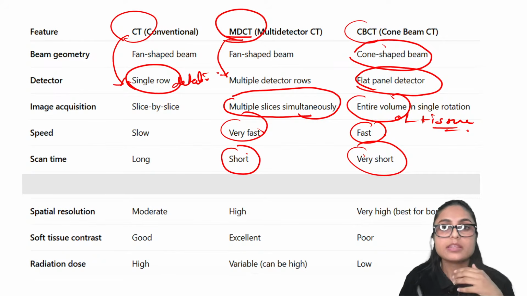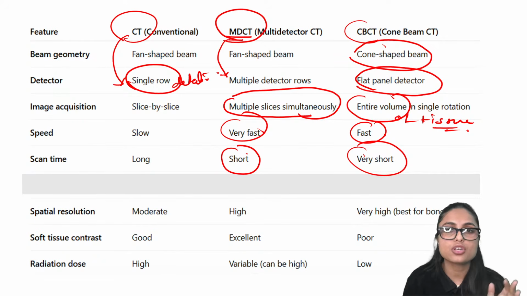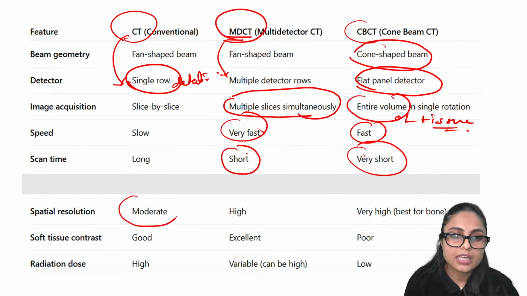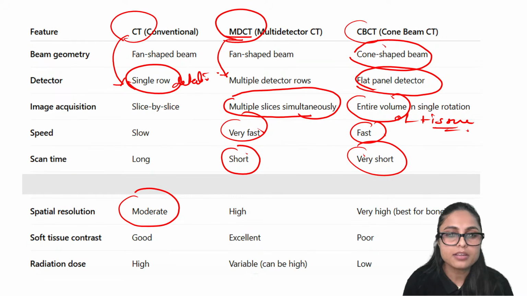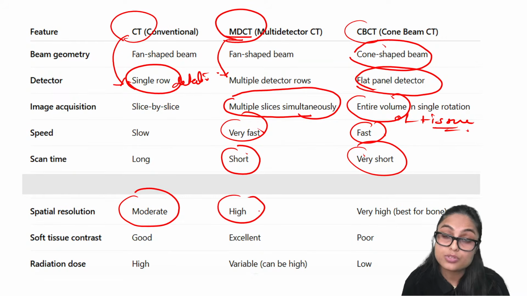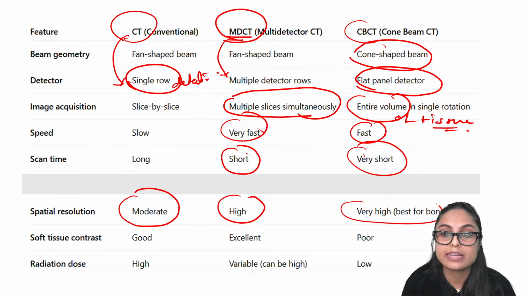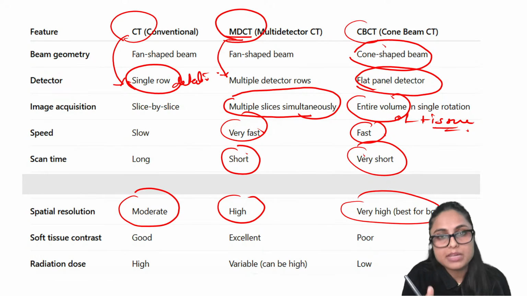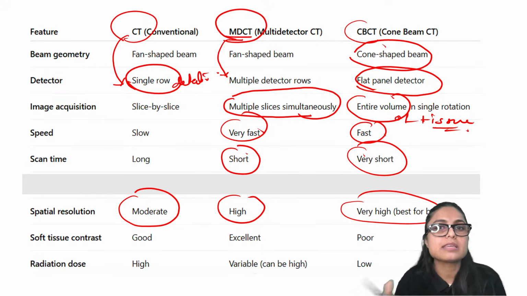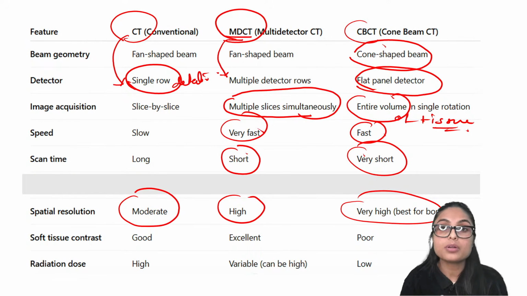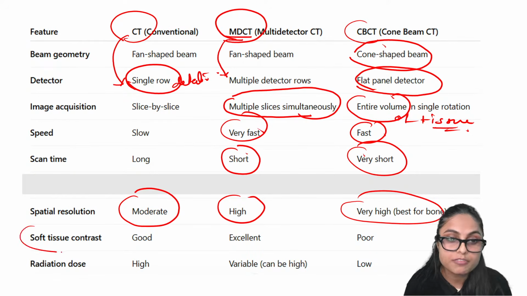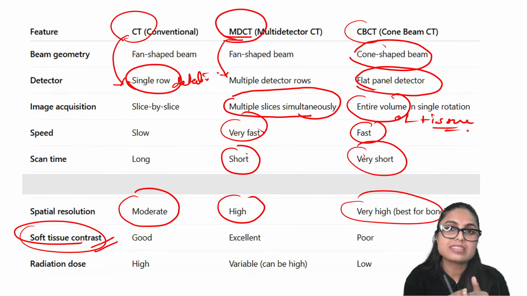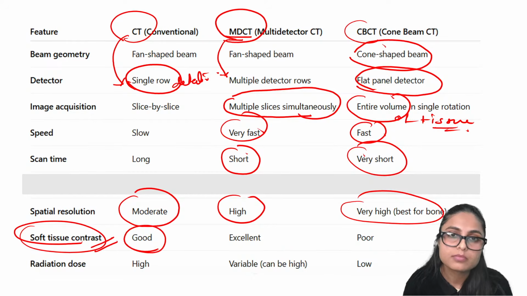Now the resolution. The resolution of CT is moderate. MDCT gives us high resolution and CBCT gives us very high, that is the best resolution possible. So MDCT is better than CT and CBCT is better than MDCT. Now coming to the most important point, soft tissue contrast. The soft tissue contrast that we see in CT is good.